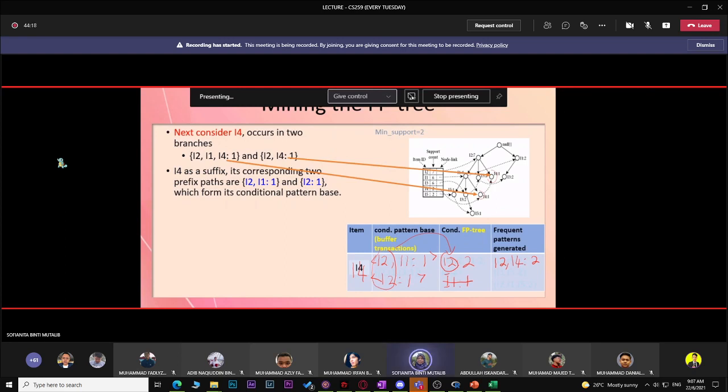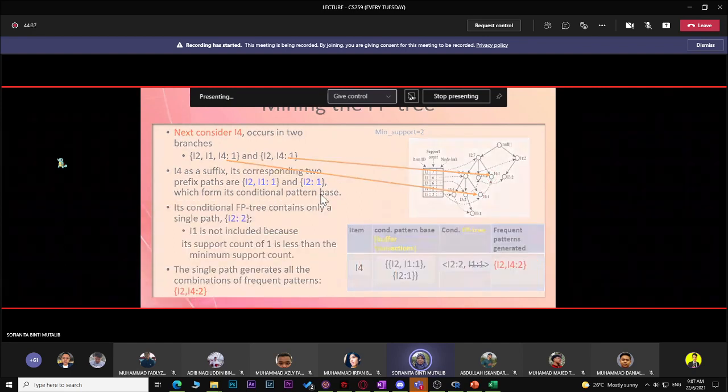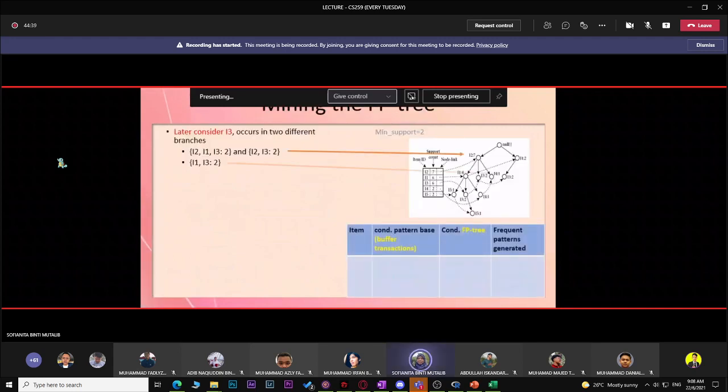Boleh dapat jawapan dia? Dapat. So you akan dapat only I2 dengan I4. Okay. So let me skip this part. Next, let's have a look at the next item, which is I3. Cuba buat I3 pula.